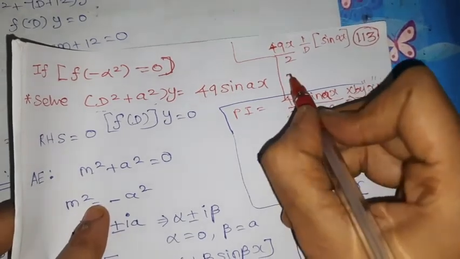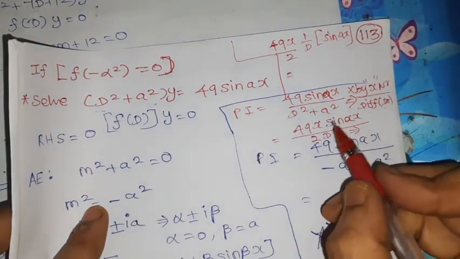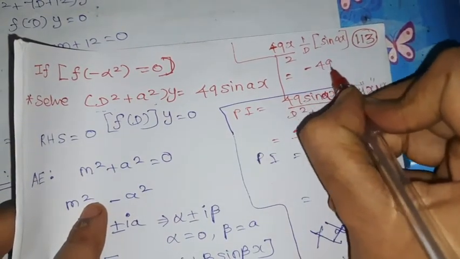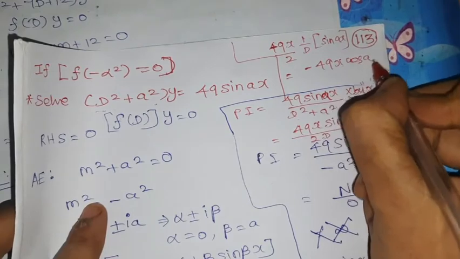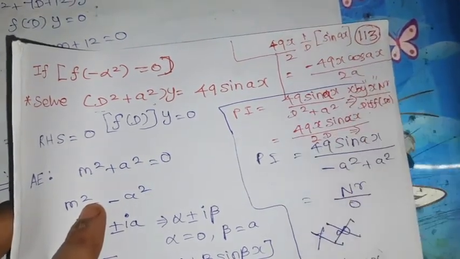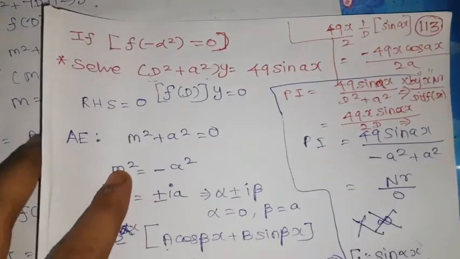Integrating sin ax gives minus cos ax divided by a. So we get minus 49x cos ax, with the 2 already in the denominator, so 2a. Are we clear about this?